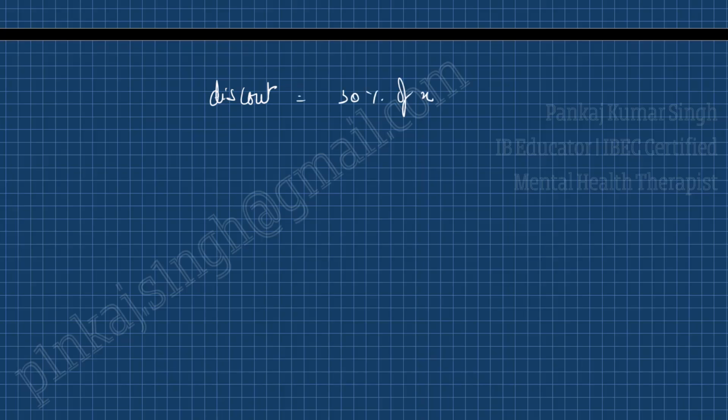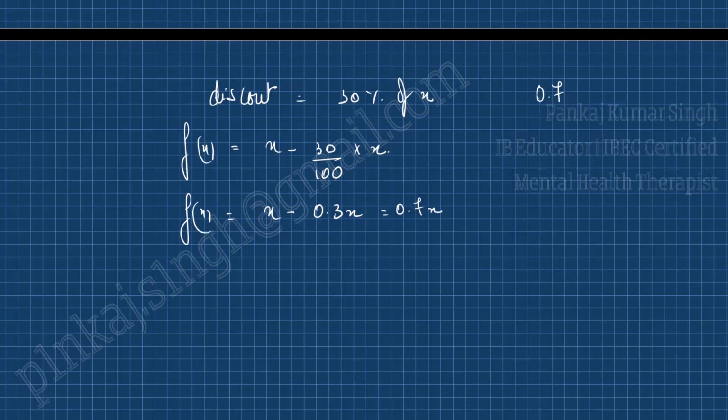I can use the multiplier 0.7 and give the final price as 0.7x, or I can write f of x as equal to the price minus 30% of x. I can either write it like that or simply write the direct answer as 0.7x. That is also fine.